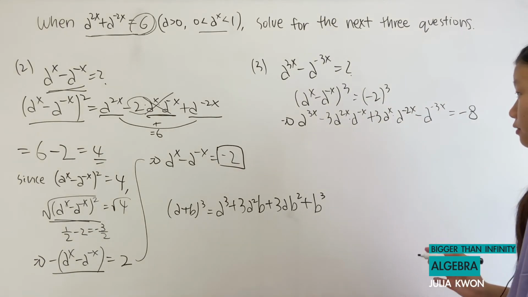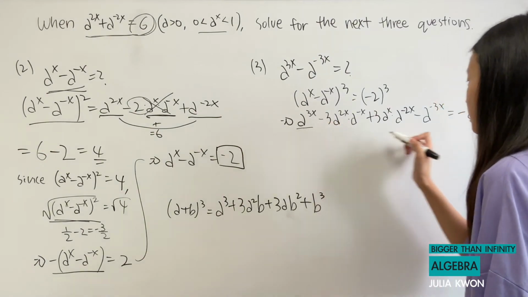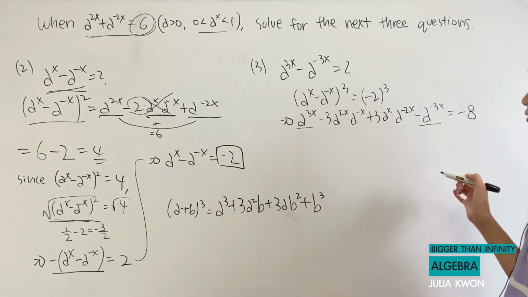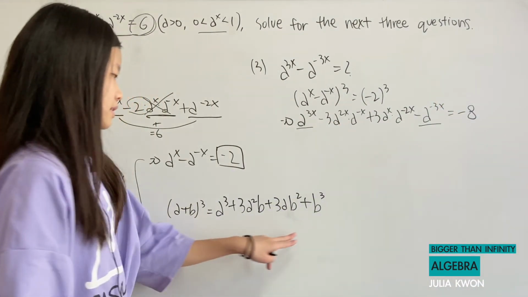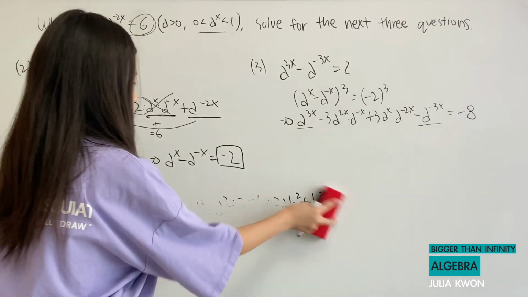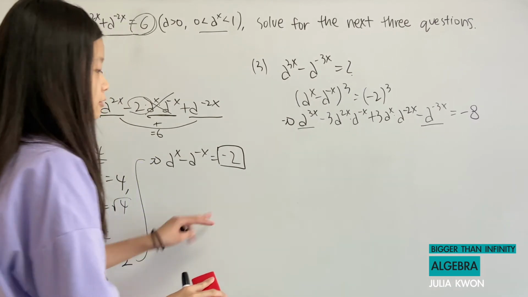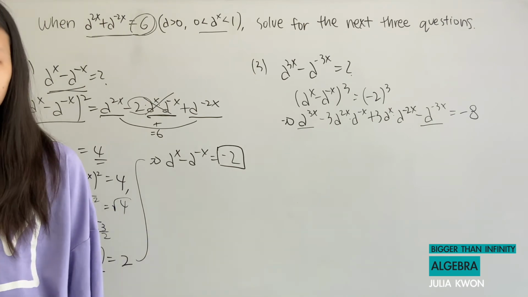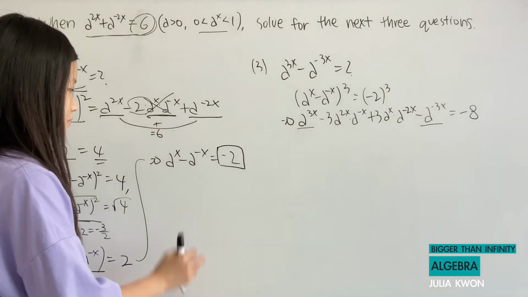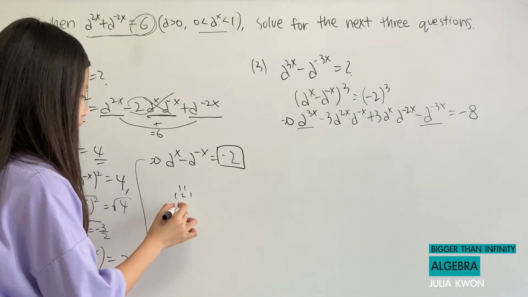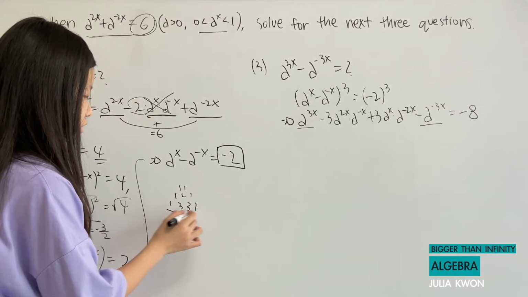What we're trying to solve for is a to the power of 3x minus a to the power of -3x. Now I'm going to erase this formula since it's taking up a little bit of room. That was the formula from Pascal's triangle, the 1, 1, 1, 2, 1, 1, 3, 3, 1, and we just used this formula.